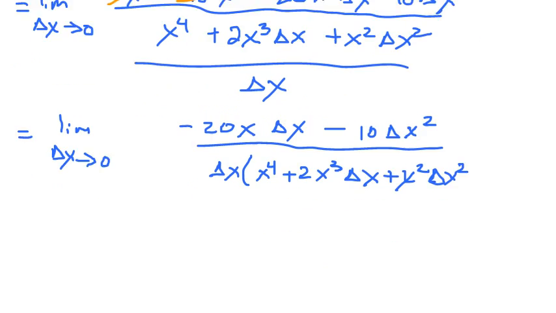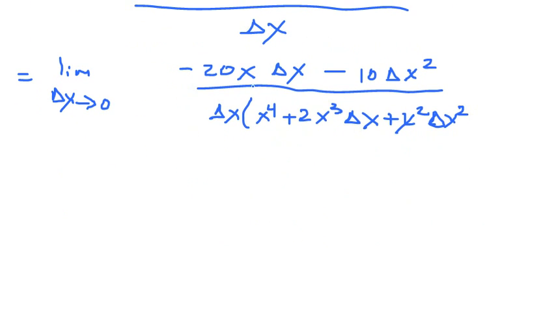Hang in there. Now we can cancel some delta x's out. If I factored out a delta x up here, we'd end up canceling that delta x out, and you'd just be left with one delta x over here. And then what we would do now is go ahead and plug a 0 in for where there's a delta x. We're actually doing the limit now, so plugging a 0 in here, that would become 0.